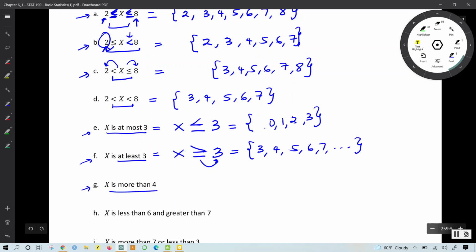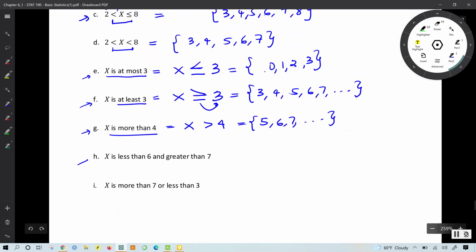What about x is more than 4? That will be x greater than 4. And that starts from 5, 6, 7, and so on. Then we have x is less than 6 and greater than 7. So we want a value that is less than 6. Let's take 5, for example. 5 is less than 6.